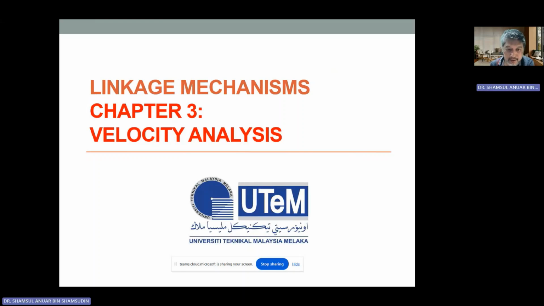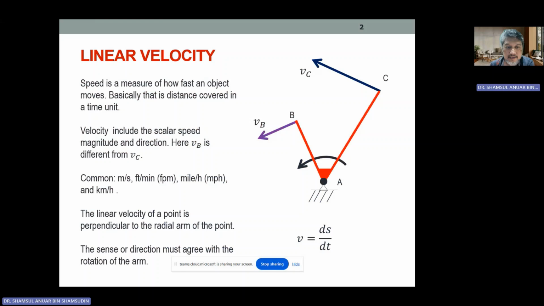So we started last time the lecture on this linkage velocity analysis. For example, if we have this one ternary member ABC, which is rotating counterclockwise about point A, you see the velocity can be divided into two components.